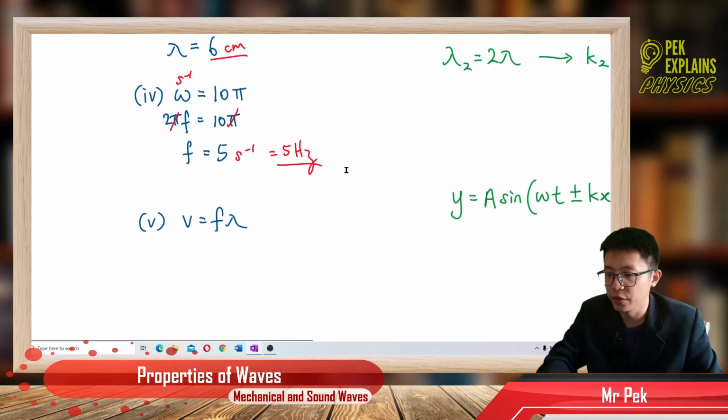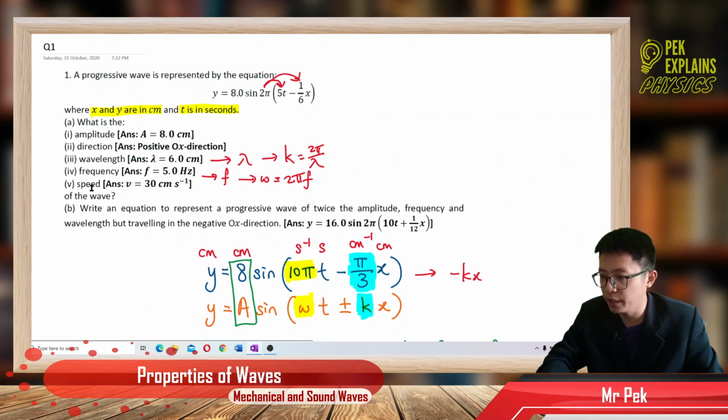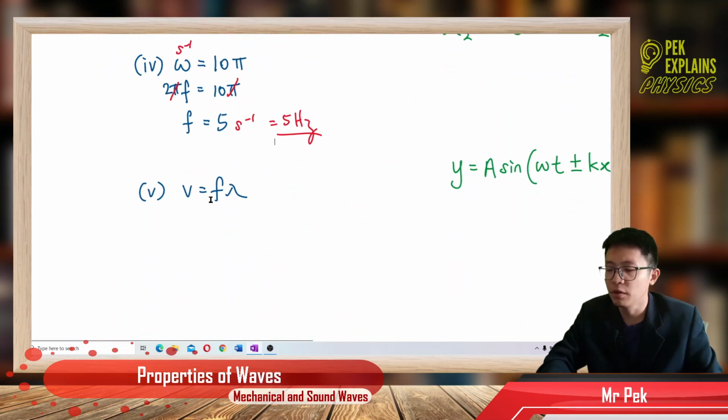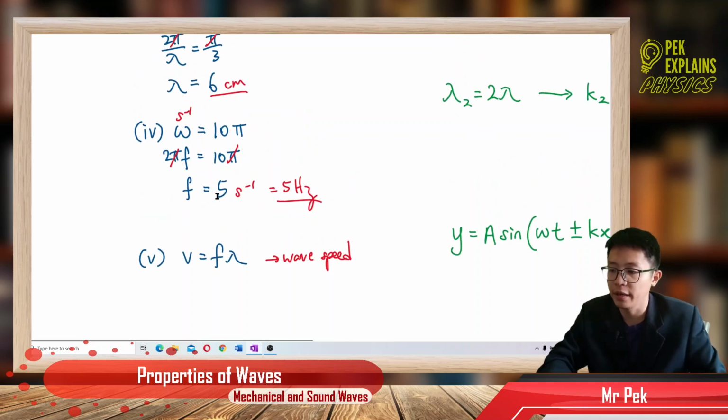Now I have the frequency already. Next, it asks for the speed of the wave, the speed of propagation of the wave. So v equals fλ. I already have the f and the λ.